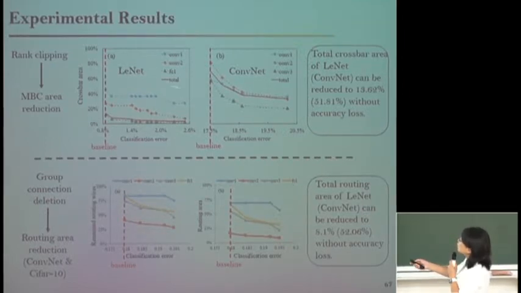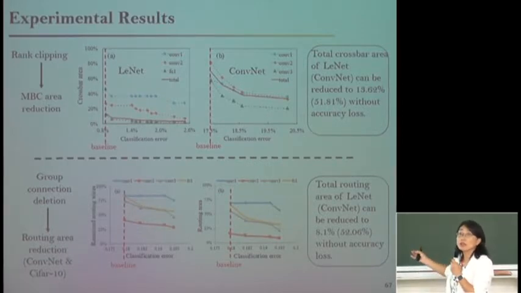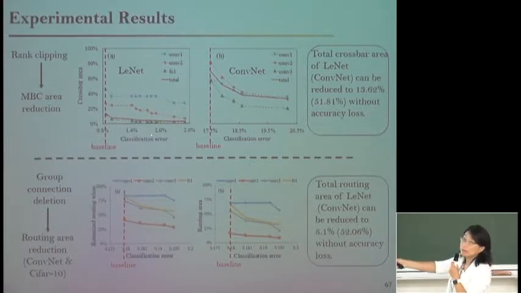For the two networks, we show the impact on each individual layer and also the overall impact. For LeNet, the FC layers are much bigger than the convolutional layers, so they dominate the overall impact.